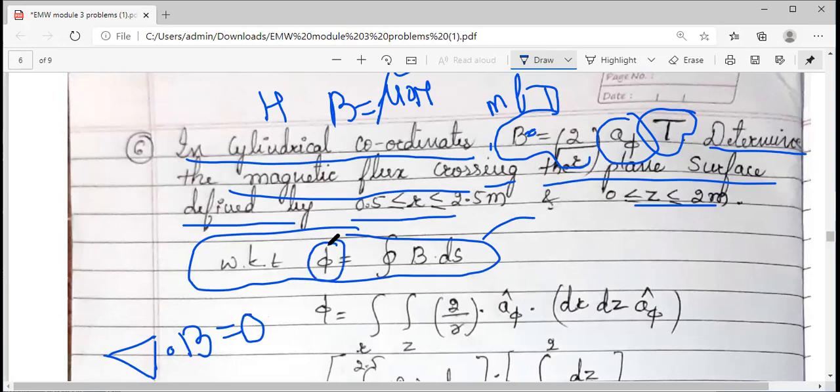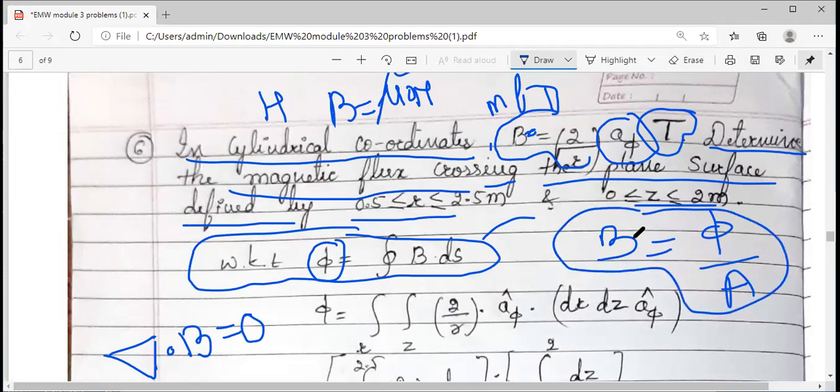So what is this phi? Phi is the magnetic flux. So what is in the question? Given is B, and the flux you need to find. So how are flux and B related? Flux density is how much flux is crossing per area, with the area being perpendicular. This is how we define magnetic flux density, and B is given to you.